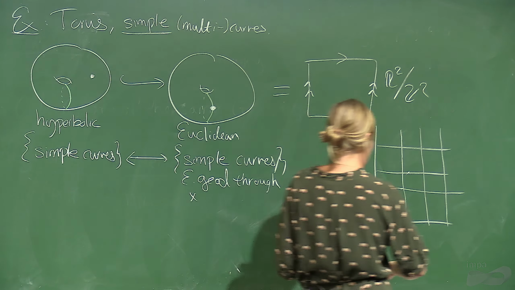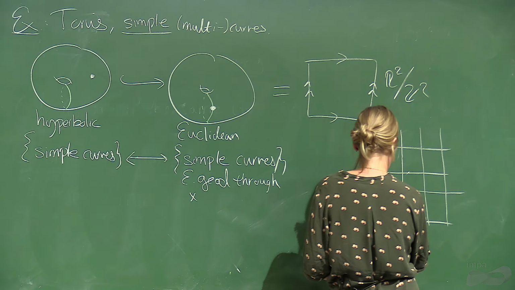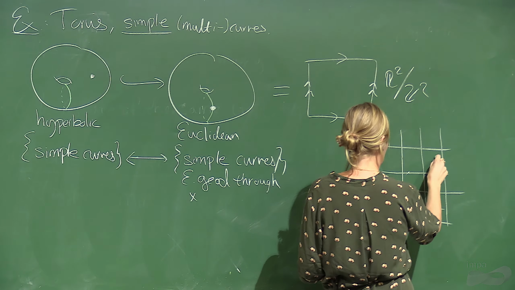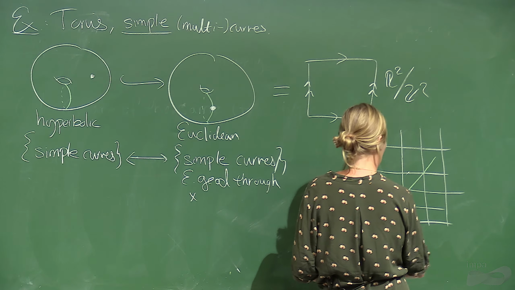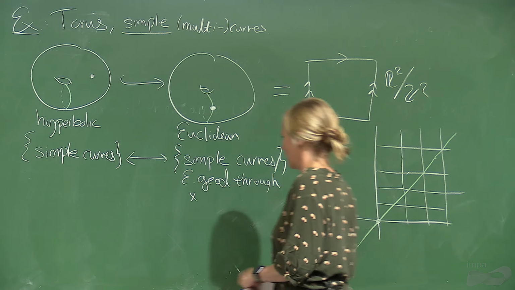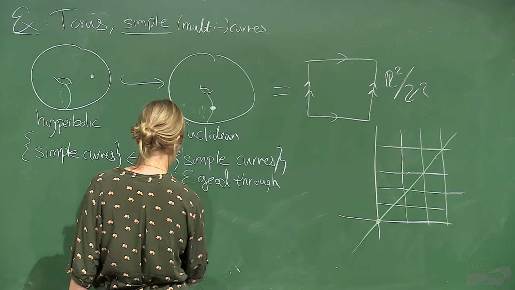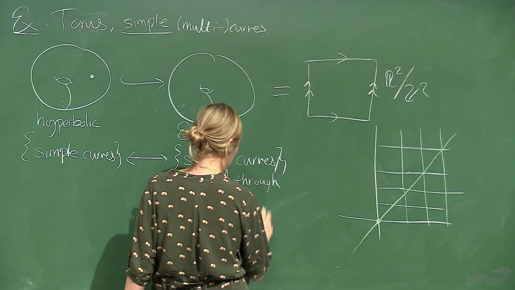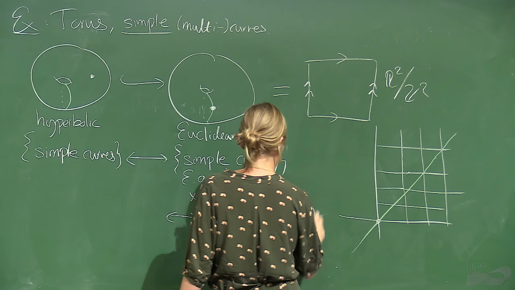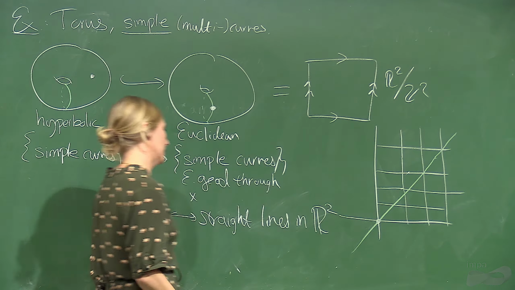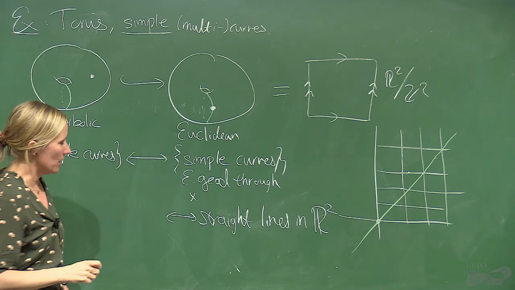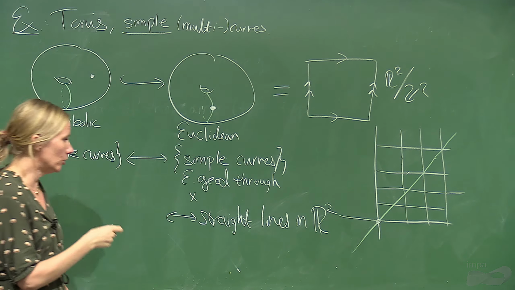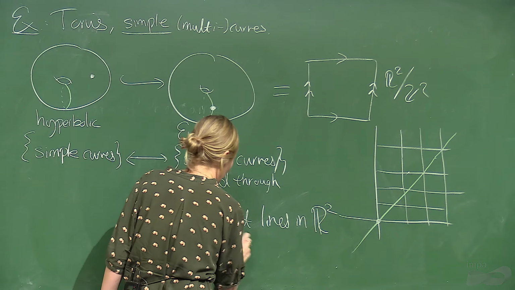Probably I didn't draw this very well at all. So this corresponds to straight lines, Euclidean lines in R2. The geodesics on here correspond to straight lines in R2. If I want them to close up on themselves, I want to get closed loops of rational slope.